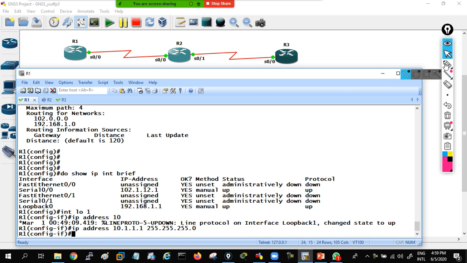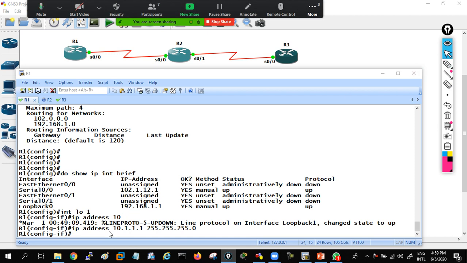Mr. Ali, you need to give me the answer for this. You said 10.1.1.1, and the subnet mask you gave is class C, right? Which means the first three portions are the network and the last portion is the host. Everybody agree? Now you want to advertise this network into RIP.